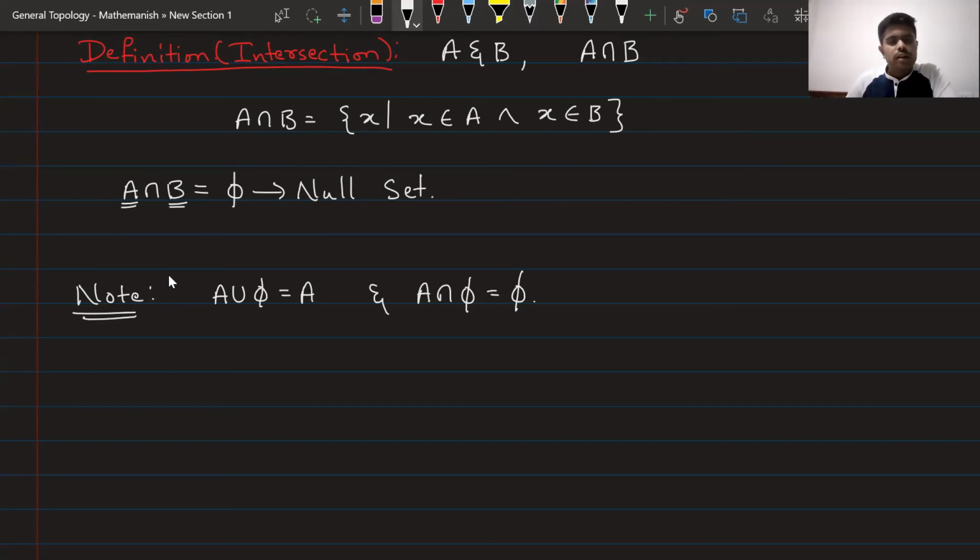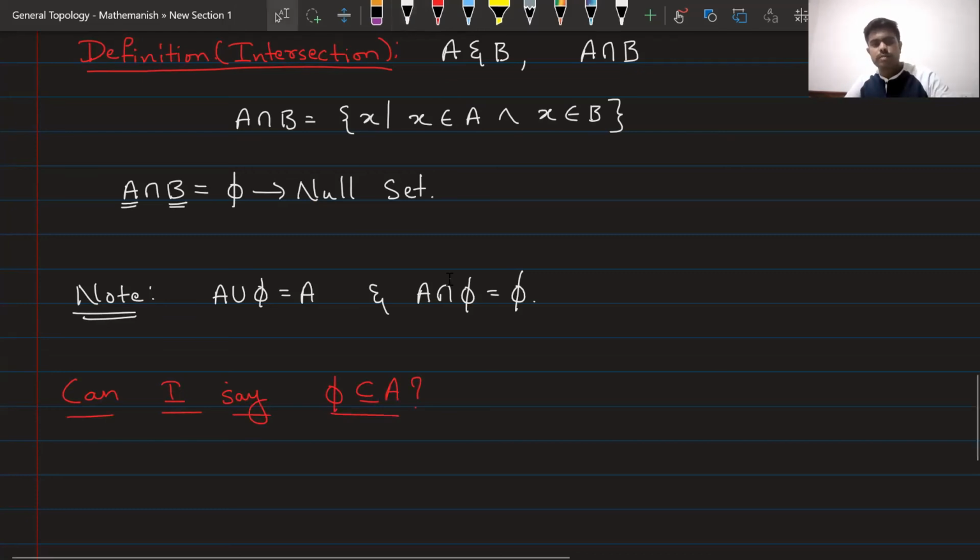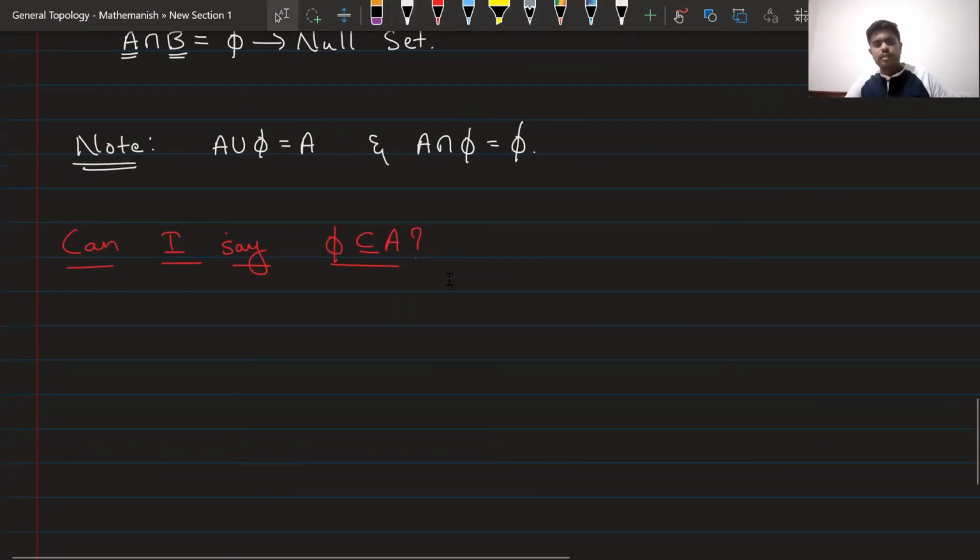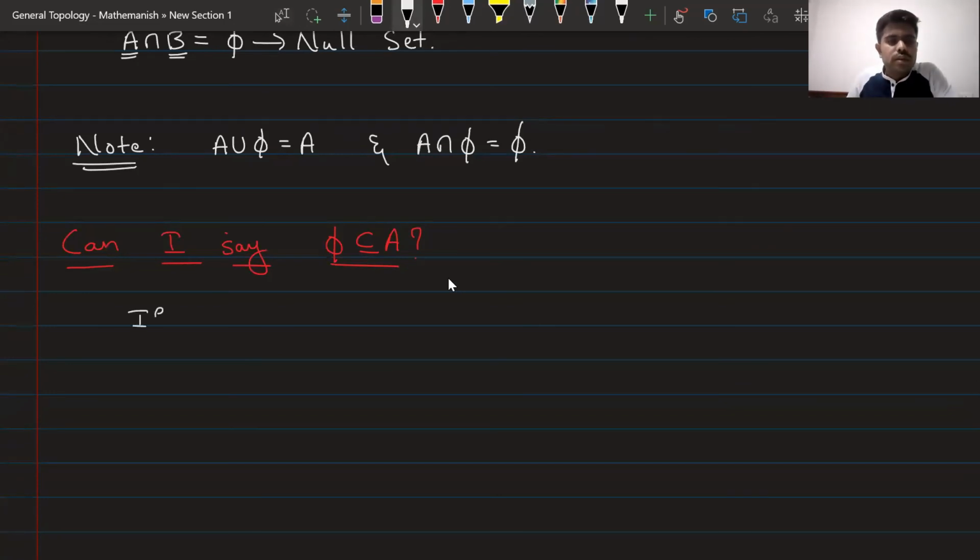Now I have a question: can I say phi is a subset of A? Can I say this? Here we have to look at the definition of subset very carefully. The subset says that if x is in phi, then x is in A. Right?